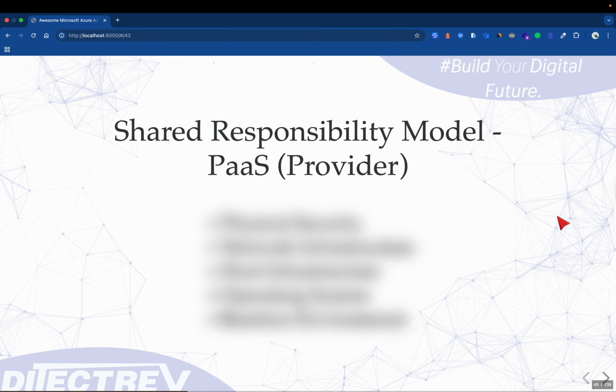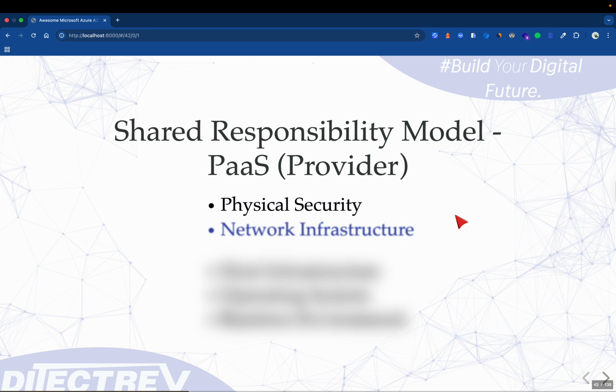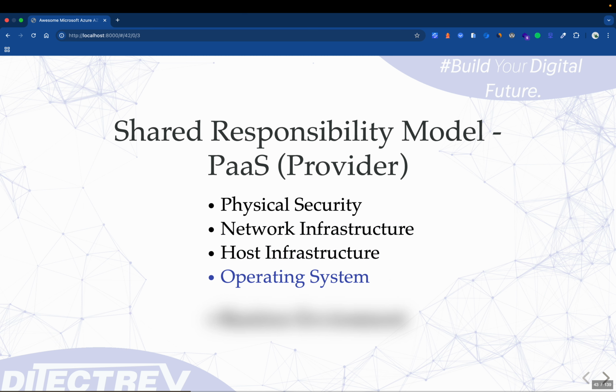While talking about platform as a service, physical security again is the cloud provider, again network infrastructure, the same for host infrastructure. The operating system will already be on Azure, so that's the difference in contrast to IaaS, where it was on the customer, but in PaaS it's on the cloud provider.